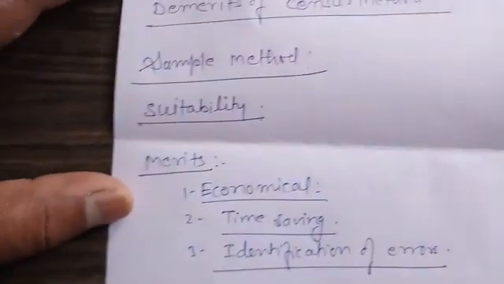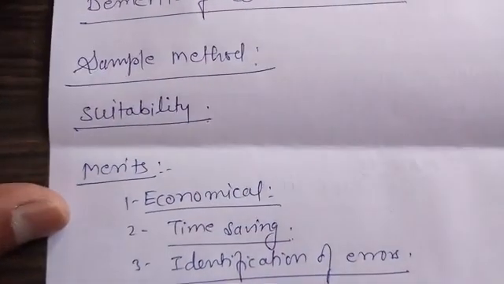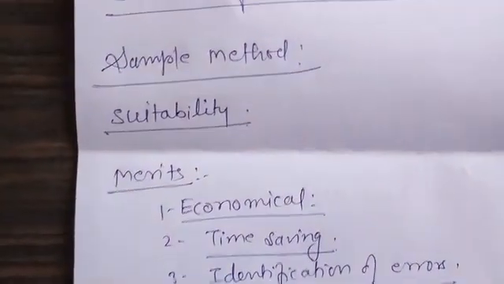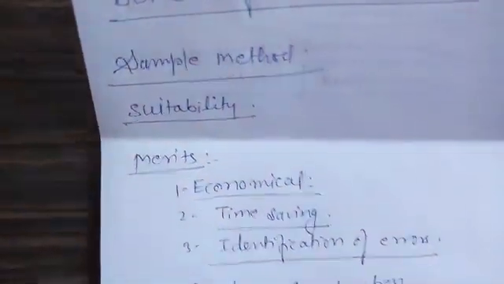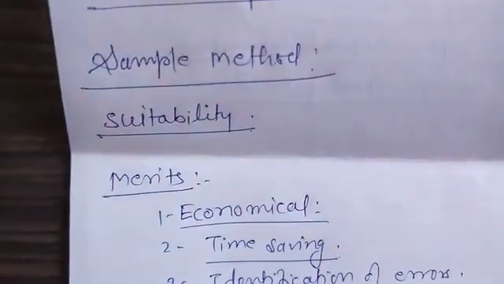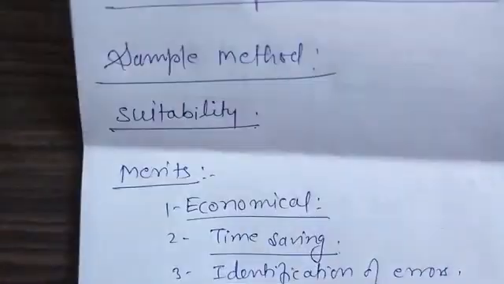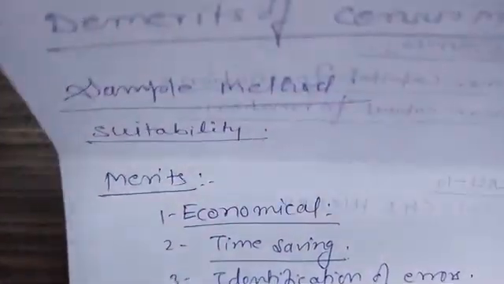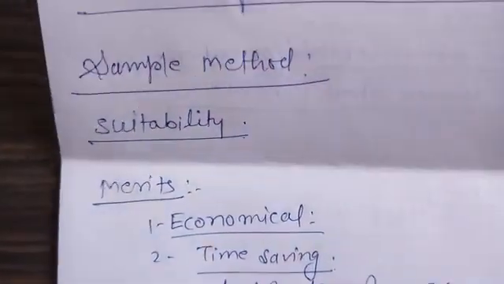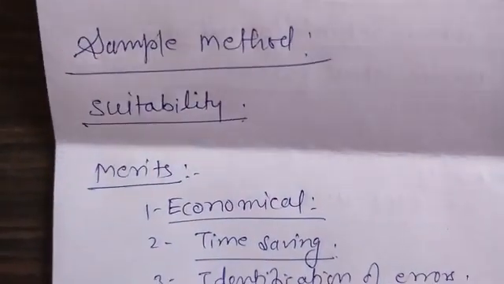And the next one is not suitable for large investigation. If the universe comprises a large number of items, then this method is not suitable for that because it is a costly method.